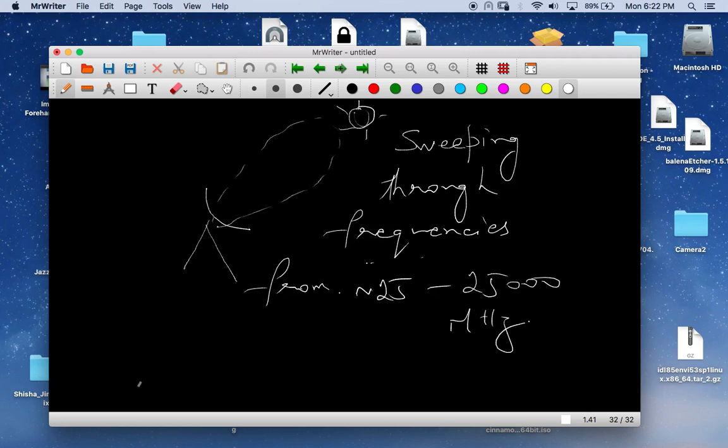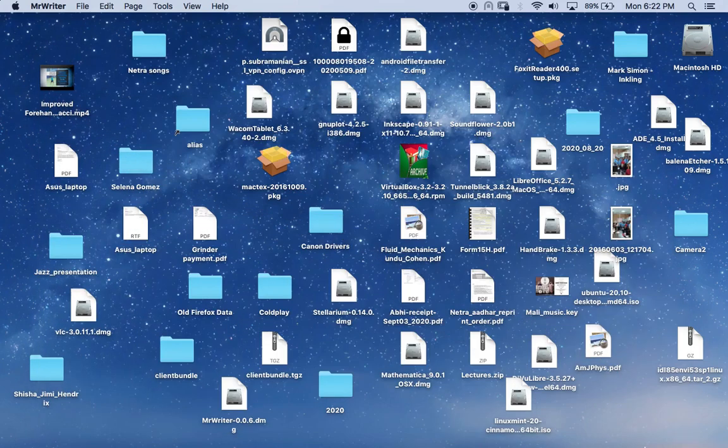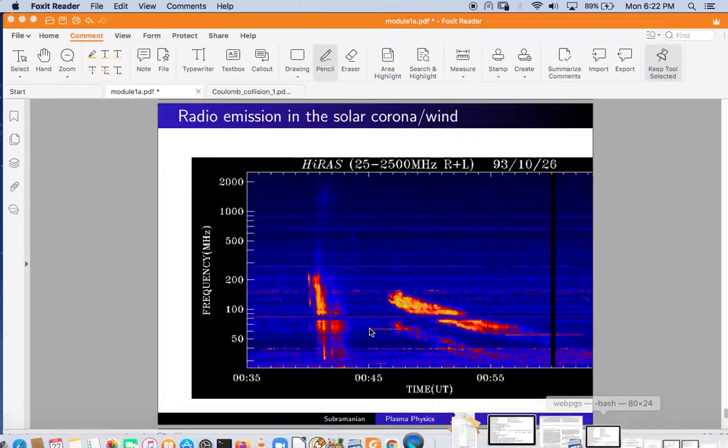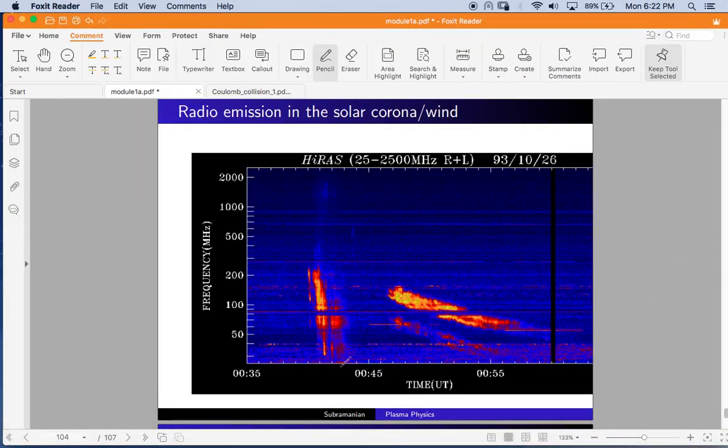If some of you know something about the old electron gun kind of TV screen, that's what it does. The TV screen rasters across the screen. That's sort of what this is doing in frequency. The sweeping is of course fast enough such that this kind of a display makes sense.